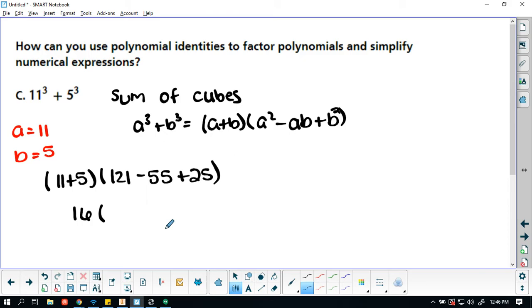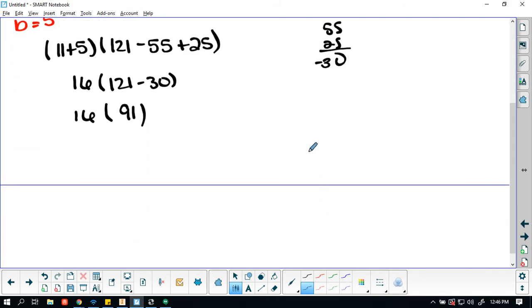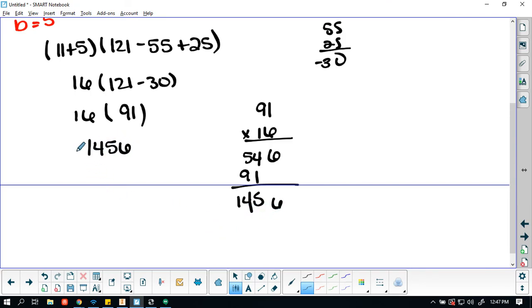Let's see, minus 55 plus 25 is minus 30, so it's 121 minus 30, which is 91. Then I'm doing this by hand, so I have 91 times 16. 6 times 1 is 6, 6 times 9 is 54, and so on. That gives 1456, which is my answer.